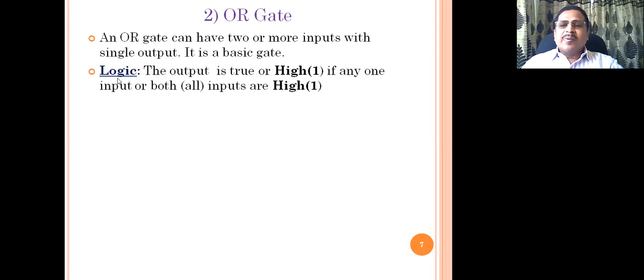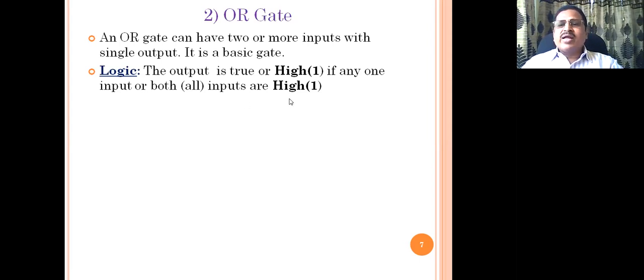The logical operation performed by the OR gate we can define with the help of a statement: the output is true, also called high, that means logic level 1 or binary 1, if any one input or both inputs or all inputs are high.